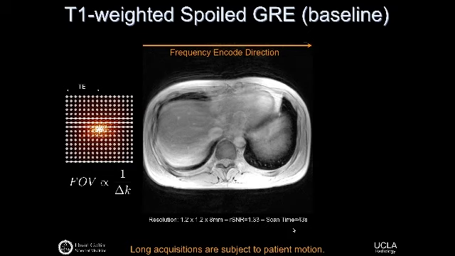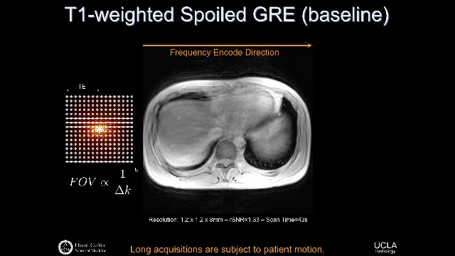Patients can't hold their breath for 43 seconds. That's totally unreasonable for abdominal or thoracic imaging. One consequence is that they're breathing during a 43-second acquisition, and you have a lot of motion artifacts. We'll talk about this later too, but you see a lot of ripples off the chest wall and total blurring of internal anatomic structures, especially those that move during the respiratory cycle. So in this case, the liver, etc.